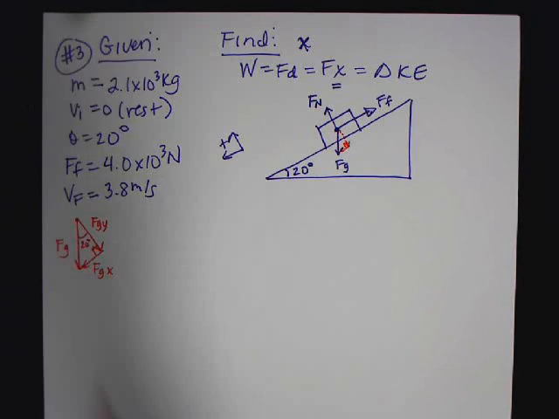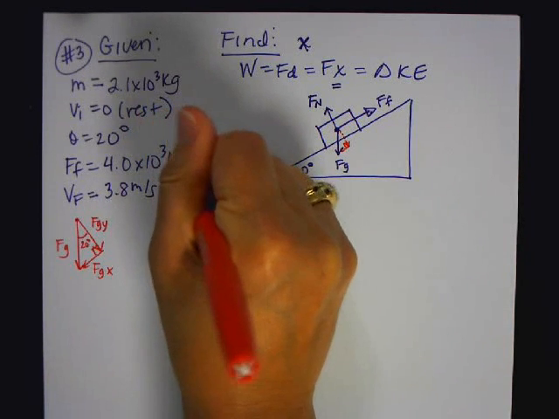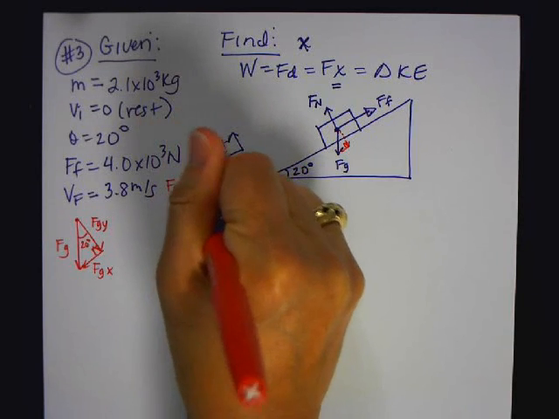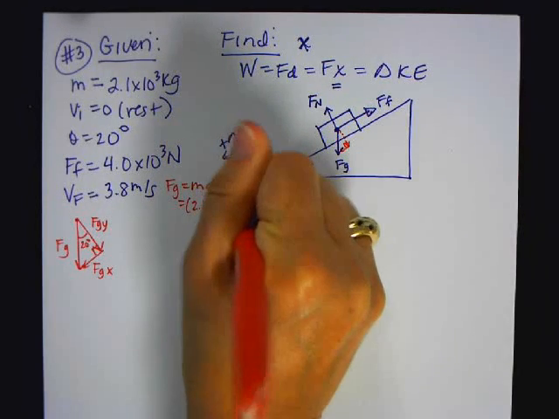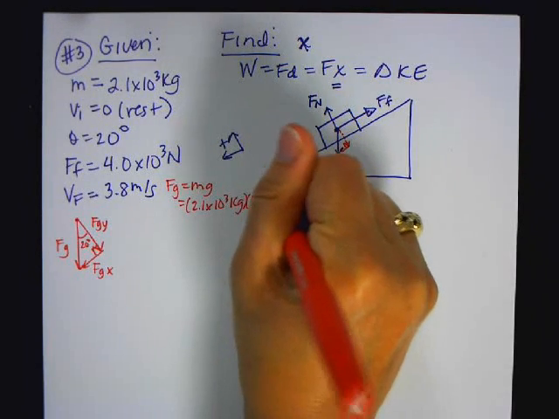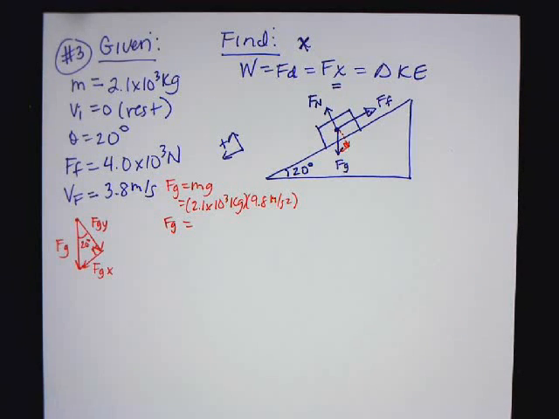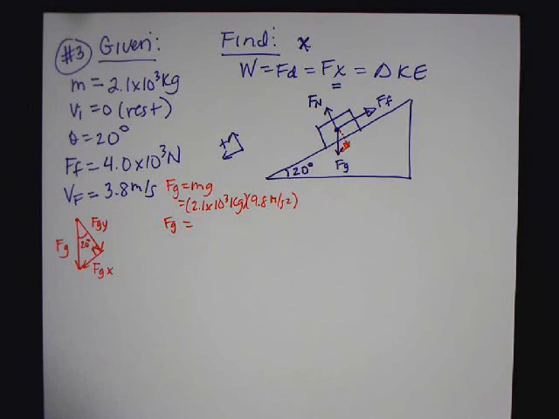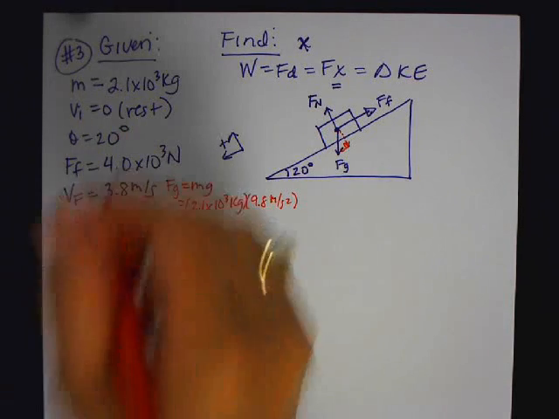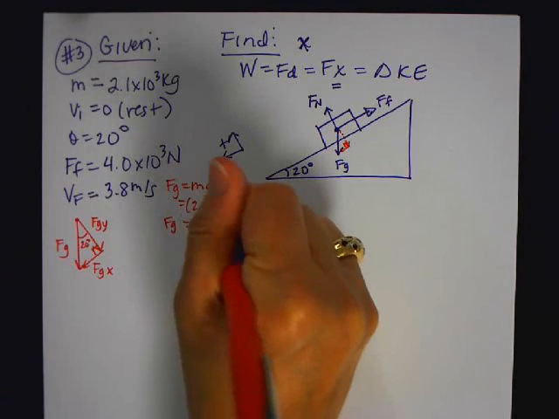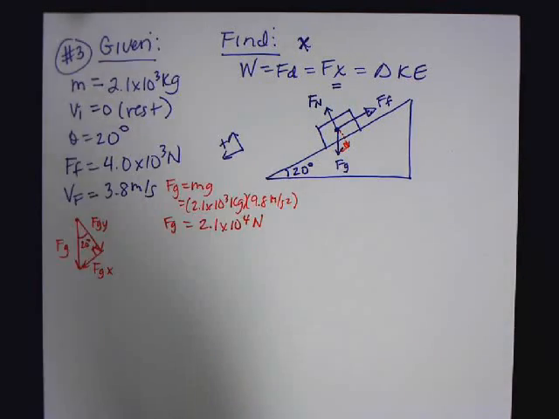So F of G is equal to mg, which is equal to 2.1 times 10 to the 3 kilograms times 9.8 meters per second squared. So F of G ends up being, it's a big number, 2.1 times 10 to the 4 newtons.